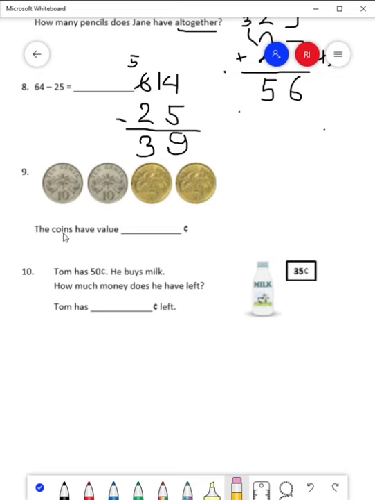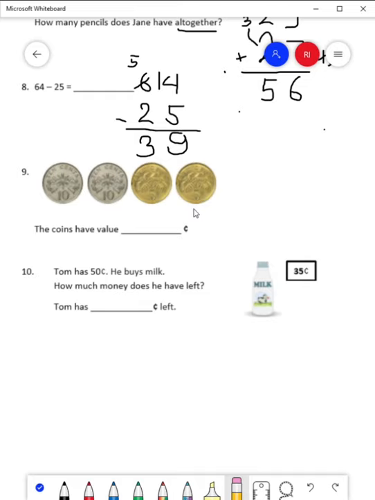So number 9, let's read question number 9. The coins have value. So for number 9, we only have to count the value of these coins. Okay, so there are actually 1, 2, 3, 4 coins, and 2 of them are 10-cent coins, and another 2 are 5-cent coins.